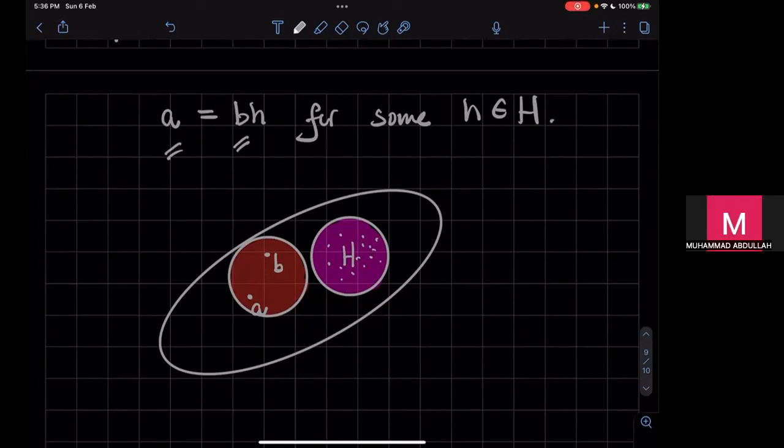Sir, how are we concluding that A will belong in the same set when B is multiplied with each element of H? No, we are assuming. Oh, assuming.